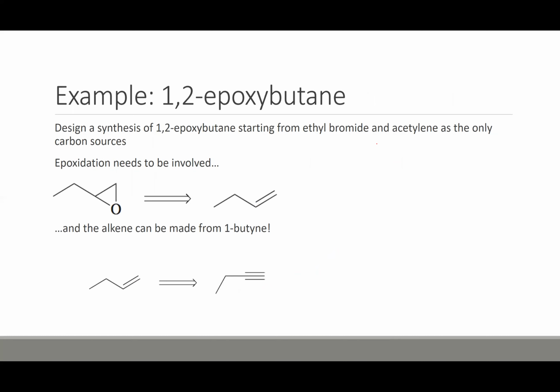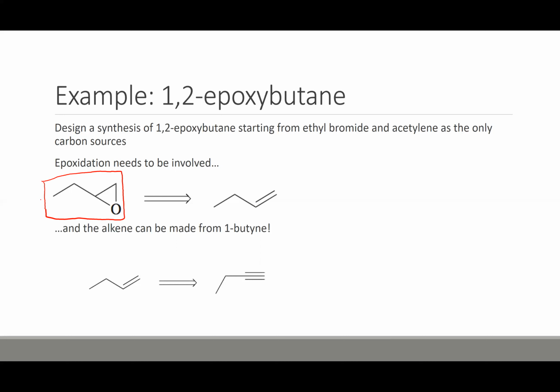So here's an example to design a retrosynthesis. Design a synthesis in which you want to make 1,2-epoxybutane. That's this product. We want to make this product. And we're starting from ethyl bromide and acetylene.